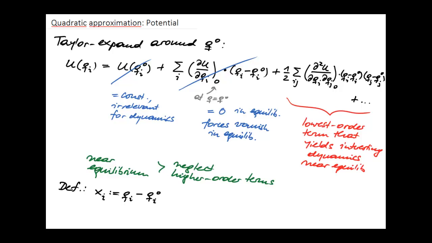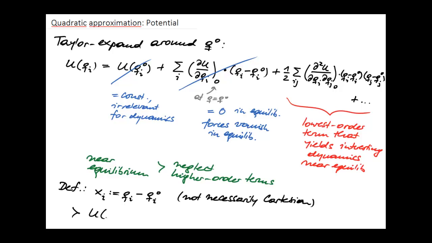In the past, I had reserved the coordinates xi for Cartesian coordinates. Here I use xi to denote the deviation from equilibrium, but since the qi's can be arbitrary curvilinear coordinates, the distance xi is not necessarily a Cartesian coordinate.